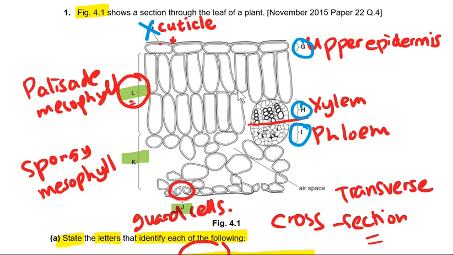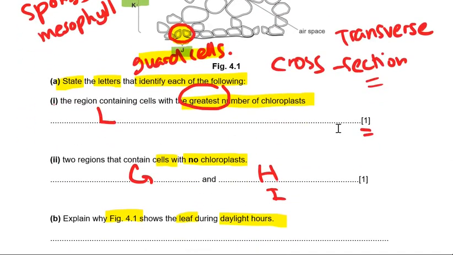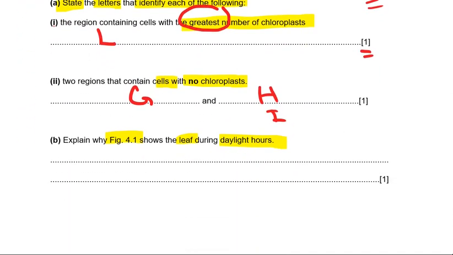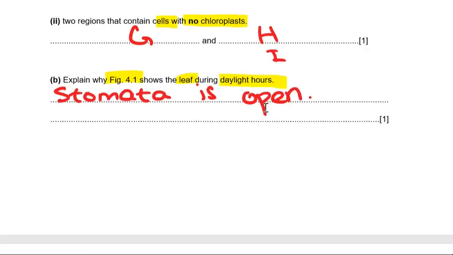One thing that we know is that once the guard cells photosynthesize in the morning, the guard cells are actually open, the stomata is open in the morning, that is the indication that it is daytime. So what is our answer? Pretty simple. You can just say that stomata is open. And that's it.